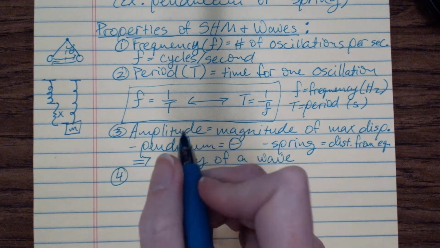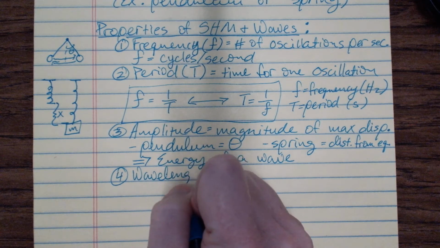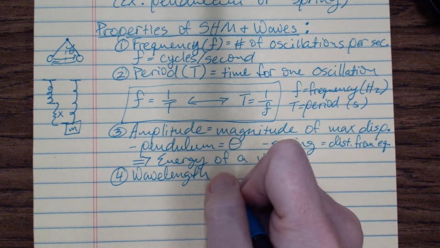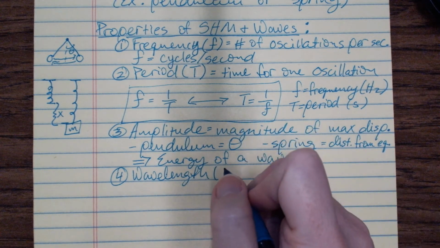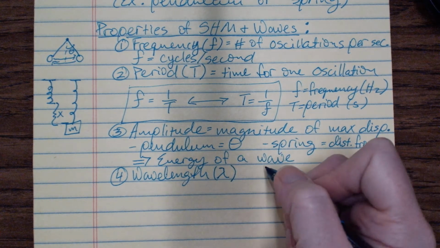All right, so the fourth property would be wavelength. And it's denoted by a lambda, which is a Greek letter.